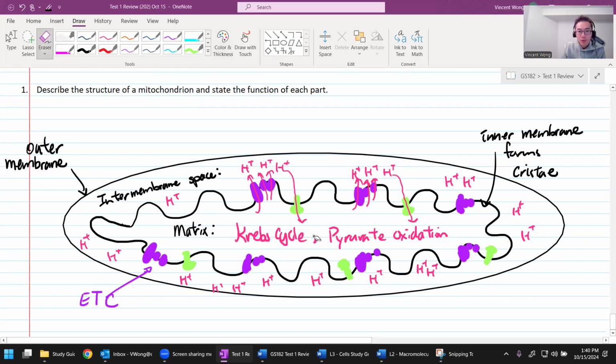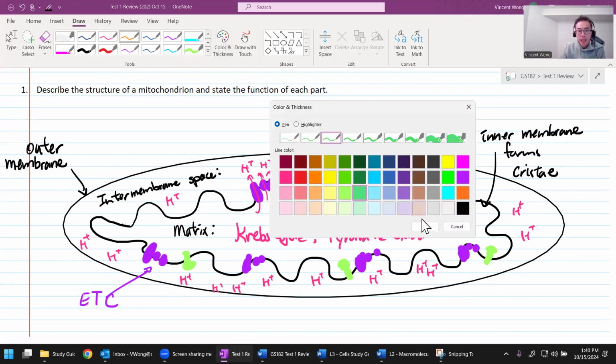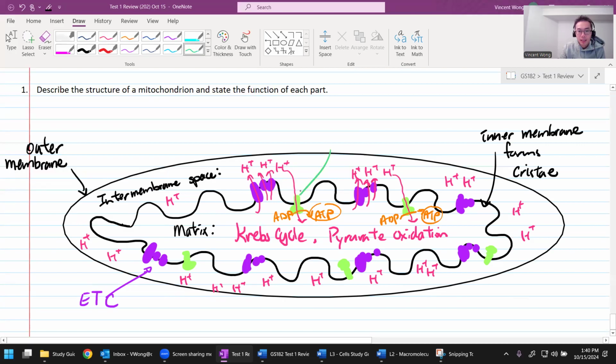As they go through the turbine, ADP will be converted into ATP. That's how you generate ATP. The name of the turbine, which we also wrote down last time, is ATPase or sometimes ATP synthase.